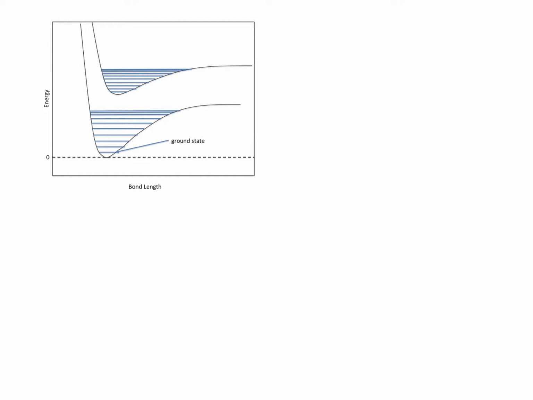In fact, if we restrict the temperature to 0 Kelvin, absolute zero, then the only state available to the particles will be the lowest possible state, or the ground state. And so at 0 Kelvin, the number of microstates available to the system is equal to 1.